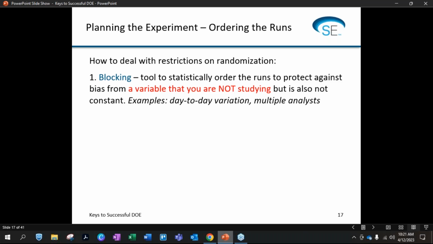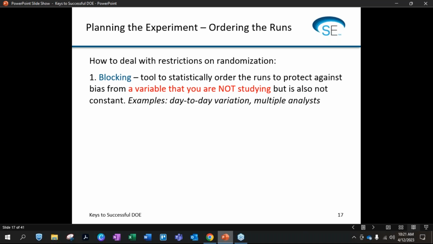So number one, let's just say that we have a variable that we are not studying, but it's also not constant. For example, you take a 16-run experiment and you have to run it over 2 days, Monday versus Tuesday.